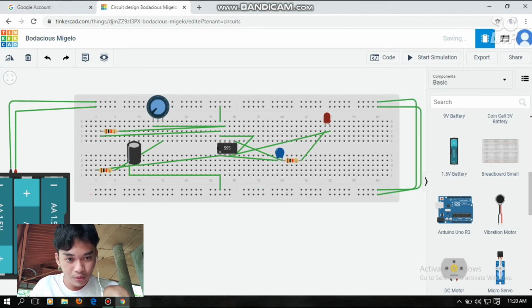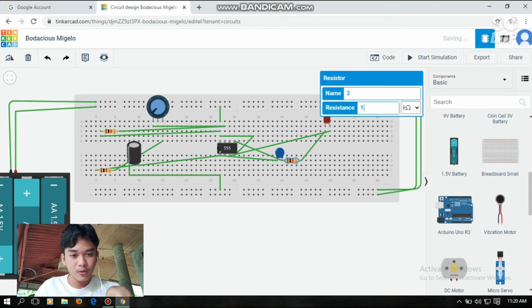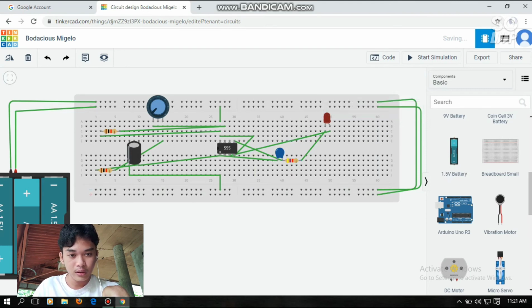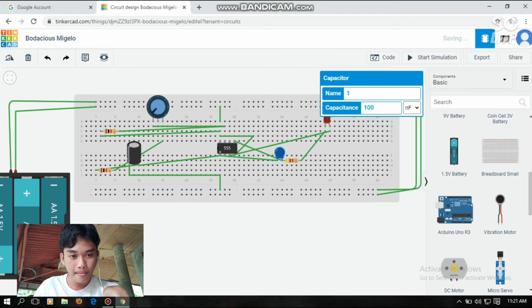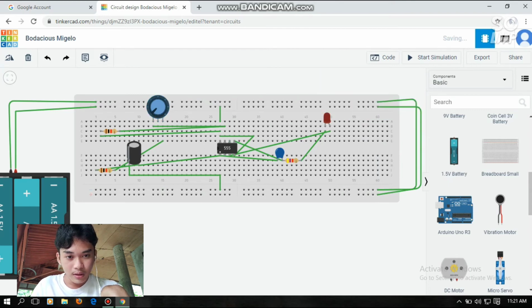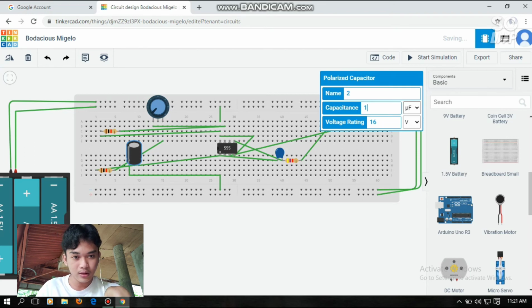So resistor 1, we change it to 4.70 kilo ohms. Resistor 2, change it to 100 kilo ohms. And the polarized capacitor, the capacitance changed to 10, and then voltage 10.